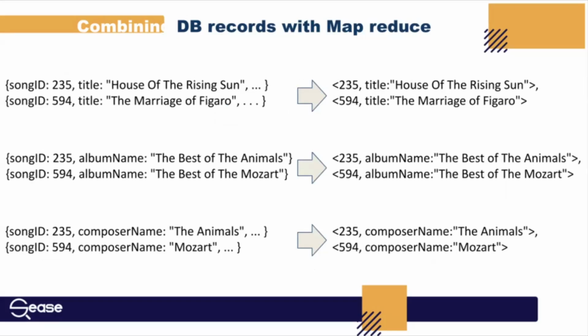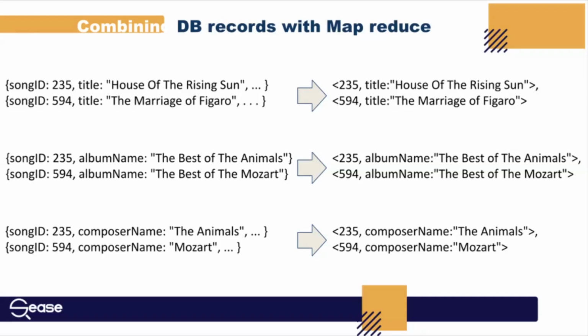So at this point, we run the map. The map, using the song ID as a key, generates a key-value pair where the key is the song ID and the value is the title, the attribute name, the album name, the composer name, and that's it.